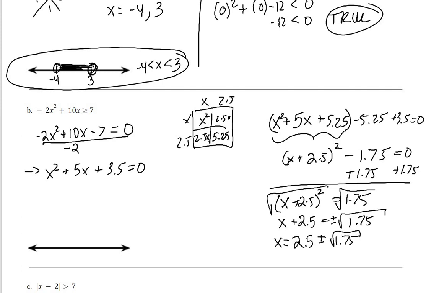And from that, finally, I get that x is equal to, sorry students, I should have had minus 2.5 because you have to subtract it from both sides. Anyway, what I end up with is x is equal to -3.8 or -1.2 approximately.